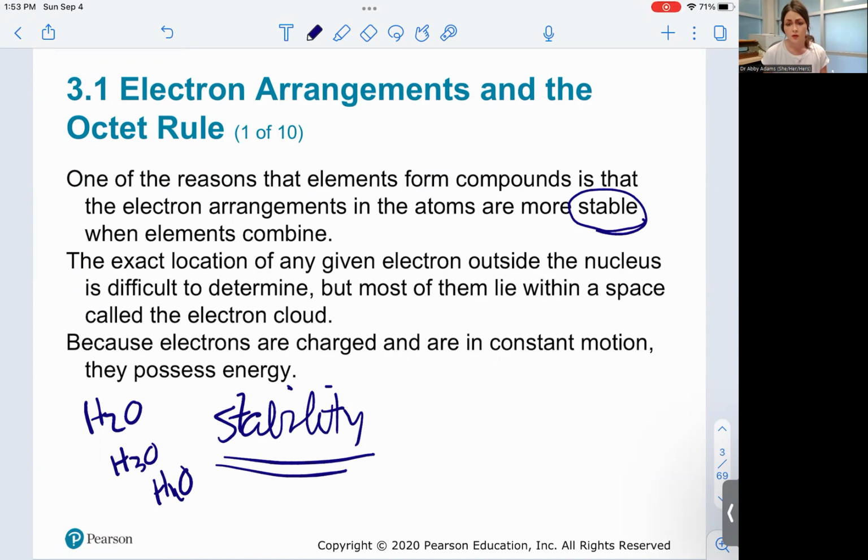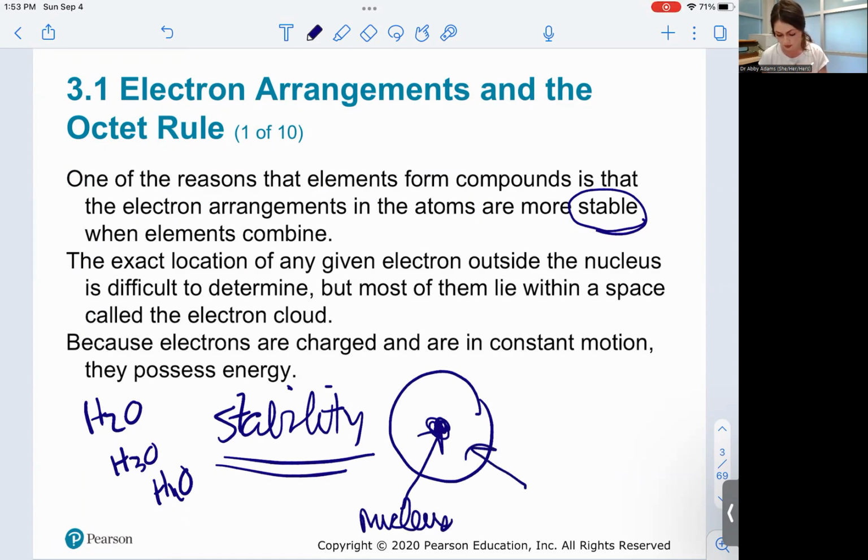Whenever we're thinking about stability in electron arrangements, we need to think about where those electrons are in the atom. We have the nucleus of an atom, and the electrons are right there in the electron cloud.